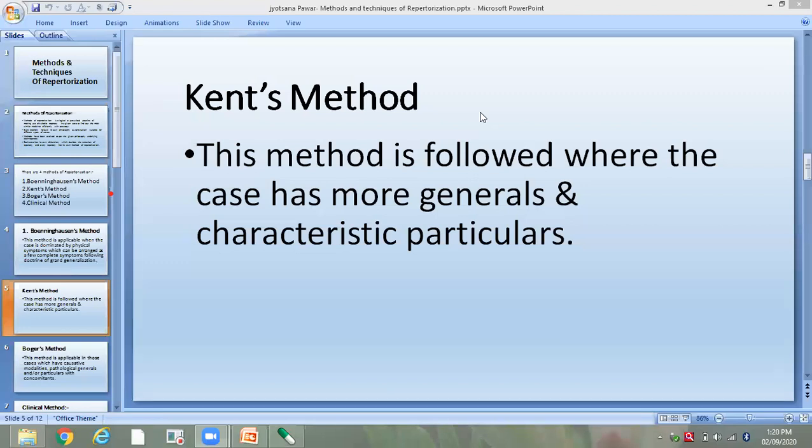So Dr. Kent gave importance to general symptoms, first mental generals, then physical generals, and then characteristic particulars. Am I audible?